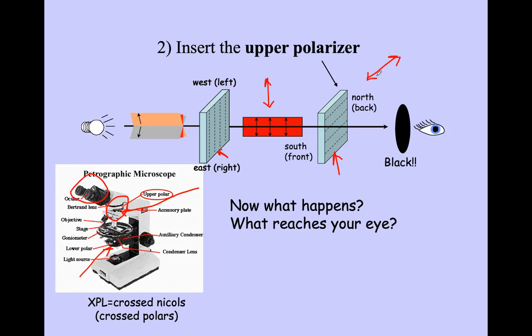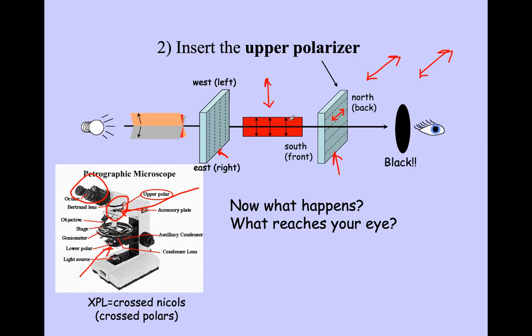So basically you will have two perpendicular vibration directions in these two polarizers. The first polarizer allows only light vibrating along the east-west direction to pass through, and the second polarizer allows only light vibrating along the north-south direction, the perpendicular direction, because it's made so that its vibration direction is opposite to the first.